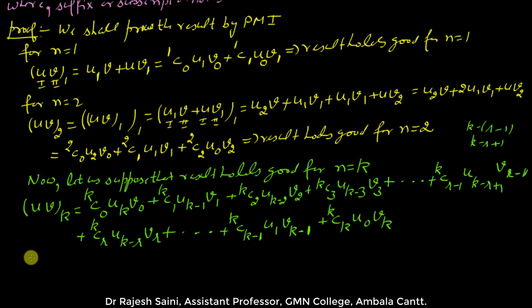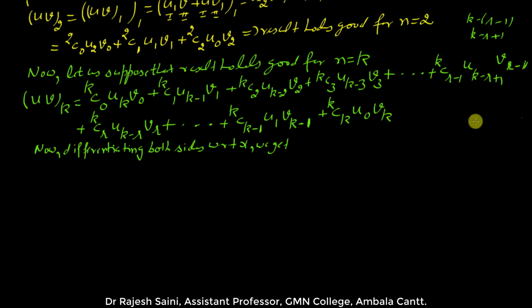Now differentiating both sides with respect to x, we get (uv)_(k+1).